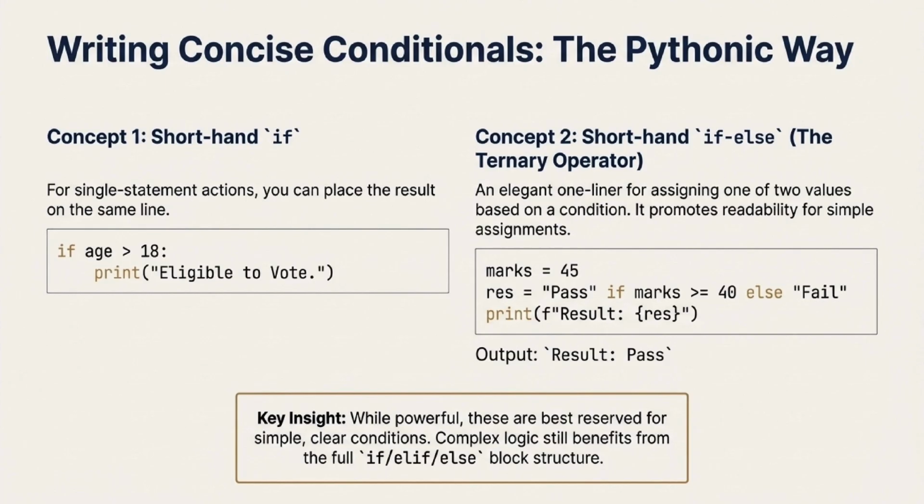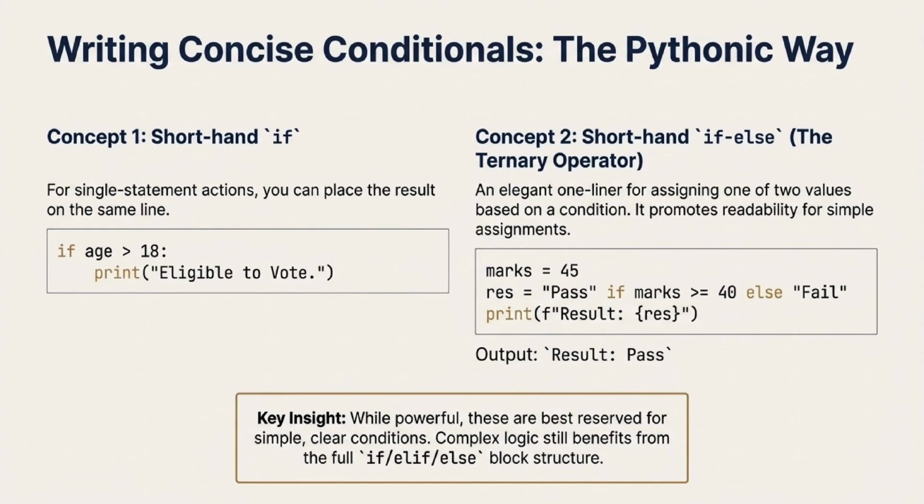Now, let's move to concept 2, the shorthand if-else statement, also known as the ternary operator. The ternary operator allows us to assign one of two values to a variable based on a condition, all in a single line. In the example, the variable mark is set to 45.